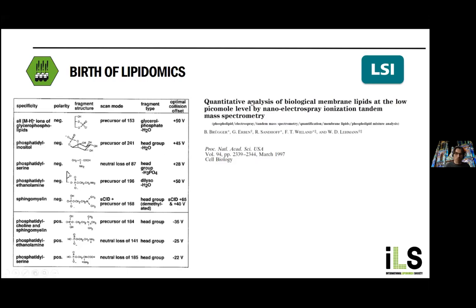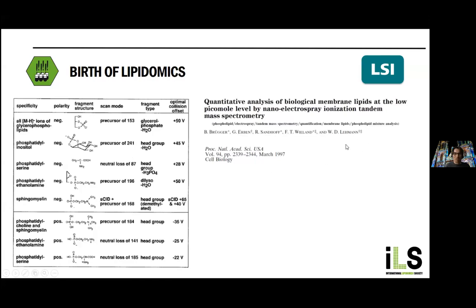This was a publication by Britta Brügger and colleagues, where they did nano electrospray and really tried to get lipid profiles from tiny amounts of material. And here you see a list of lipid class specific fragments.